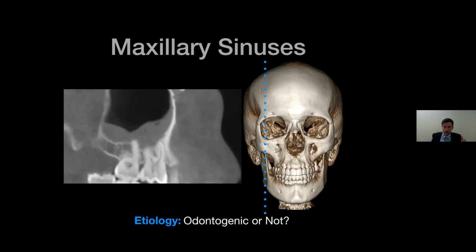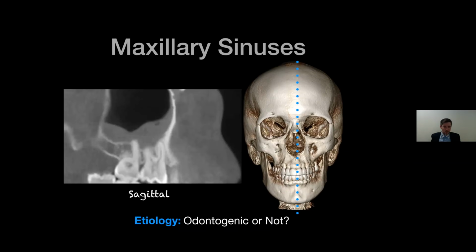I have 2 examples here of cases looking at the upper right quadrant. Here we see a sagittal slice of a patient. As we move from the outside in, what I'm looking for is breaks in the maxillary sinus floor, so if there's erosion of the sinus floor because of a periapical lesion.